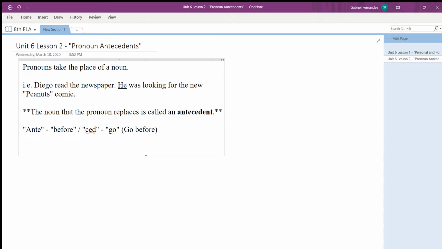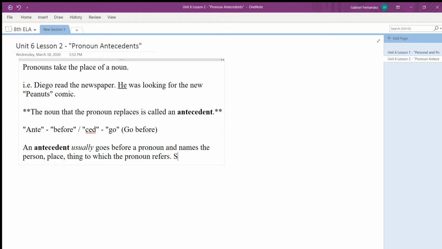Now you might think, okay, easy to remember, antecedents always go before the pronoun being referred to. Unfortunately, because English is complicated, that is not the case. An antecedent usually goes before a pronoun and names the person, place, or thing to which the pronoun refers.